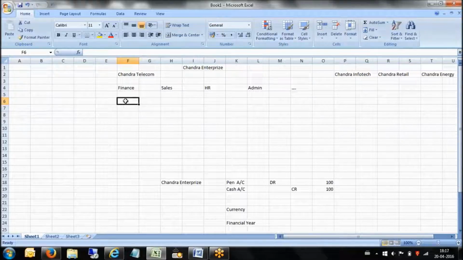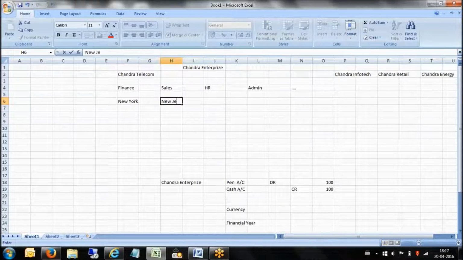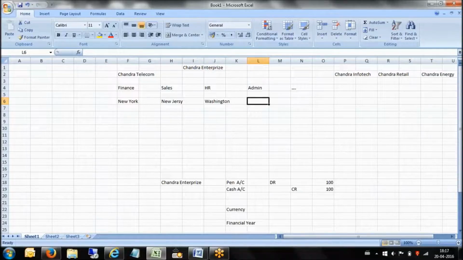Then there are locations. New York is one location, then New Jersey, then Washington, then Atlanta, you can see.